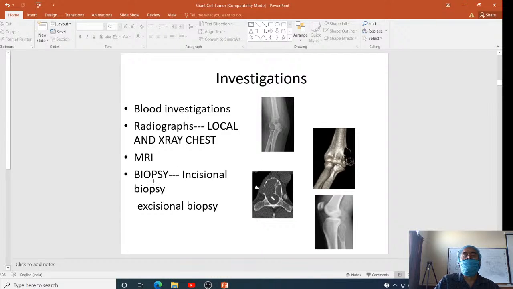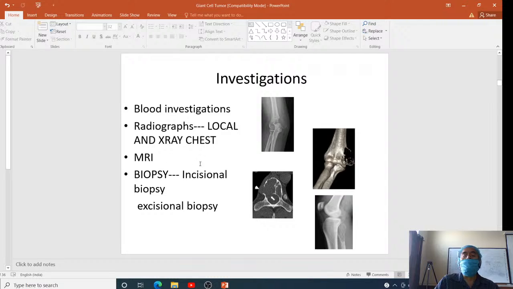Biopsy. The history may tell you, or the X-ray; an X-ray looking like this will definitely give you the diagnosis. A CT with 3D reconstruction will definitely tell you that this could be a GCT, but there is nothing to beat biopsy. Once you see the cells under the microscope, histopathological examination is a must.